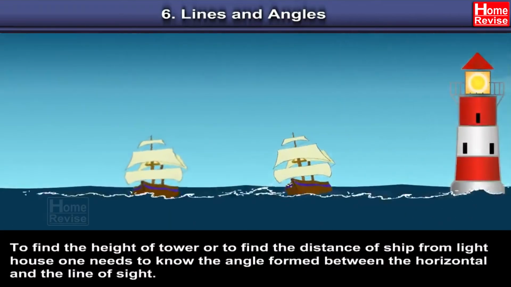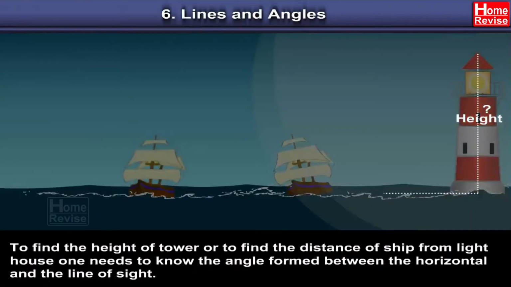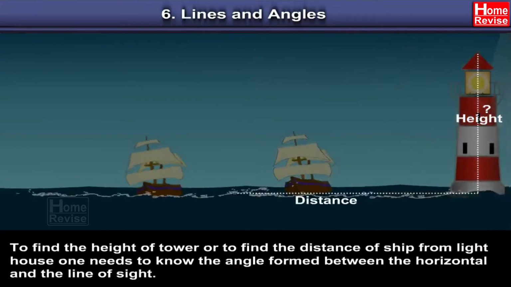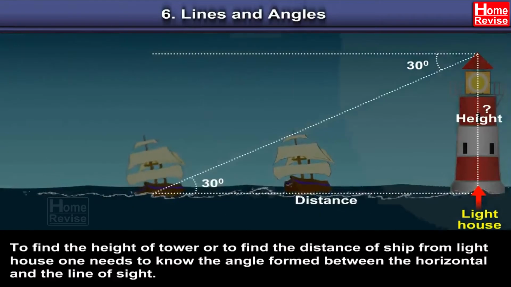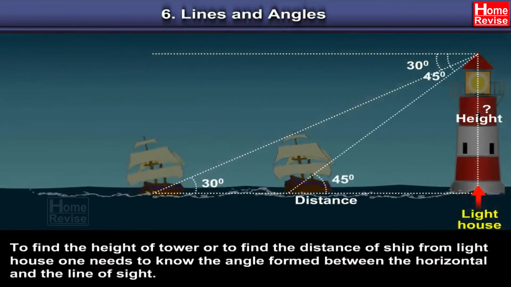To find the height of a tower or the distance of a ship from a lighthouse, one needs to know the angle formed between the horizontal and the line of sight.